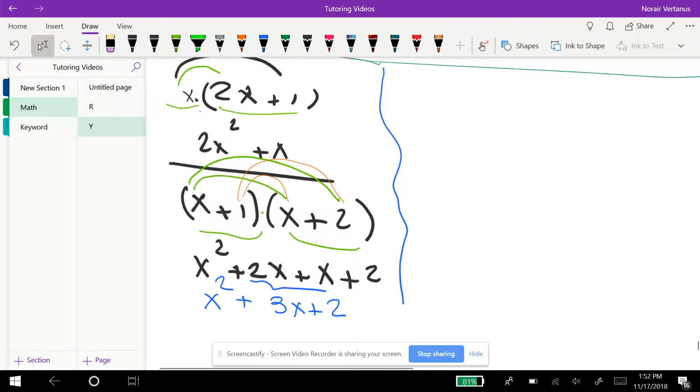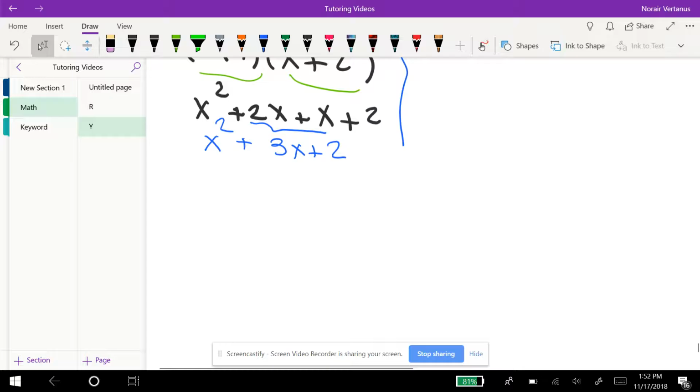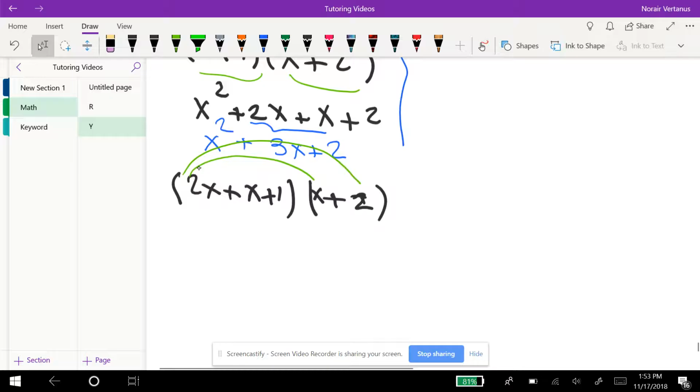So now, independent of binomial or whatever you have, you might have even a trinomial times a binomial, like 2x plus x plus 1 times, again what you had, x plus 2. Cool. So what you're going to do, again, you distribute one by one. This times this and the other one, and then this times this and the other one.